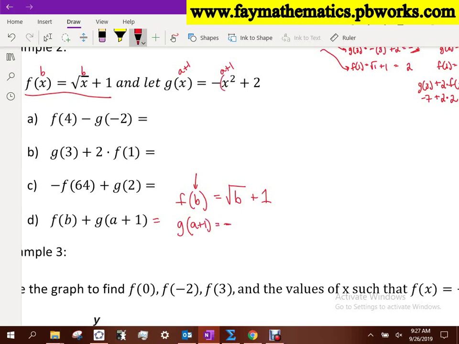Now, understand this is where it becomes very crucial to make sure that when you're inserting this, especially when it's a quantity, that you put parentheses around the thing that you're inserting. So the negative stays, and now my x is an a plus 1. We'll square that, and we'll add 2.